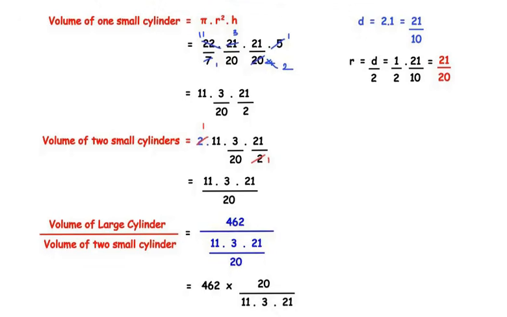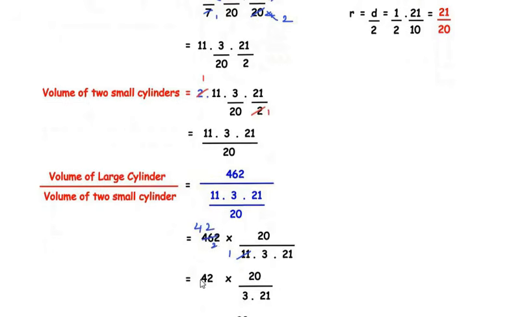Now the division becomes multiplication and this fraction flips upside down, giving us 462 times 20 over 11 times 3 times 21. Now here 11 divides 462, that is 11 1 times is 11, 11 4 times is 44, giving us 2 as a remainder. So we get 42, since 11 2 times is 22. So this fraction simplifies as 42 times 20 over 3 times 21.